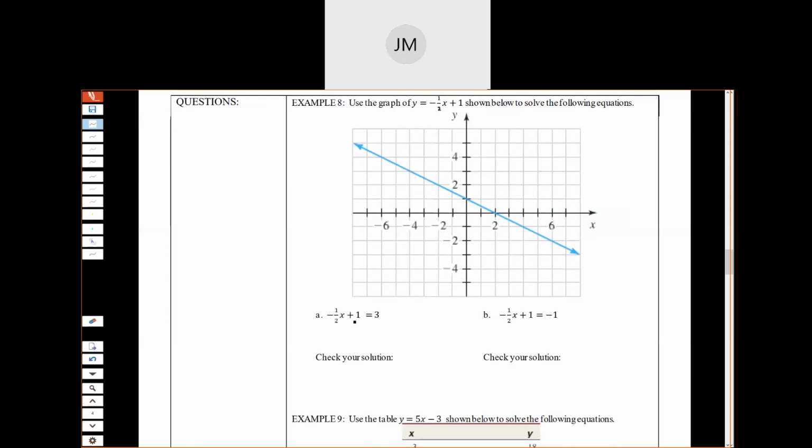Okay, so here I have the equation -1/2 x plus 1 equals 3. So I want to find an x value so that this expression on the left is equal to the expression on the right.